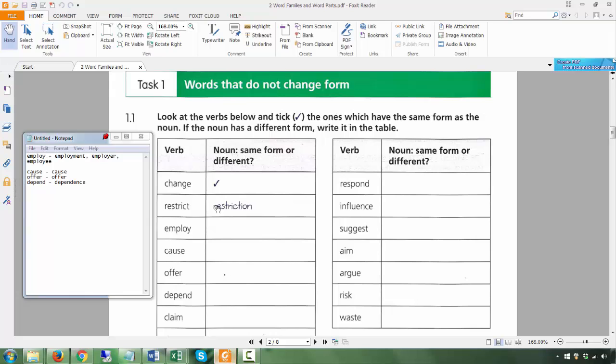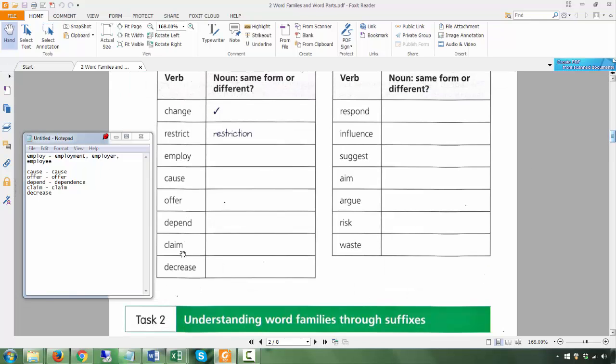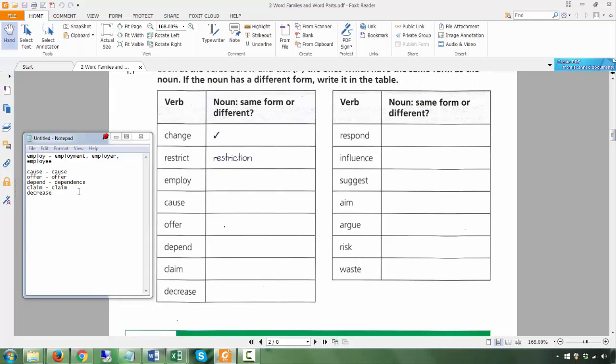Okay, so next, claim. So the noun, it's also claim. Decrease, the noun is also decrease, so you just have to put a tick. Respond is the verb, the noun is response.